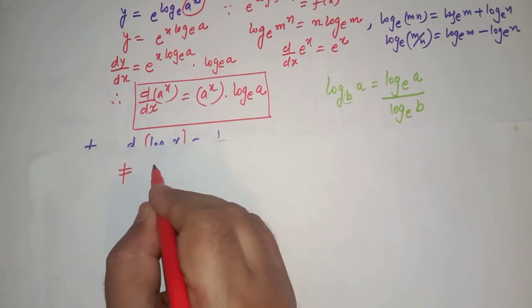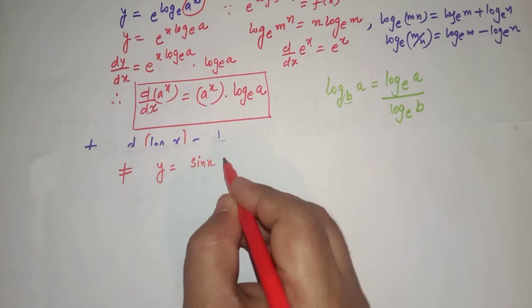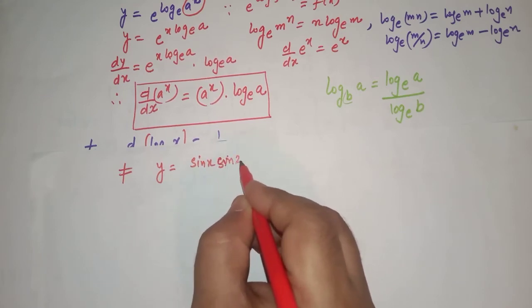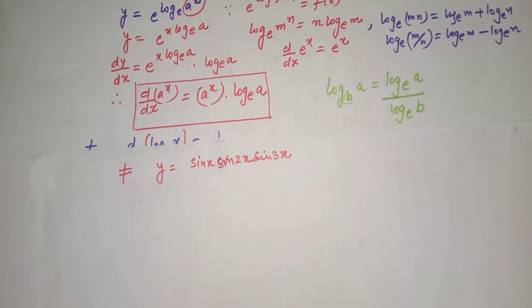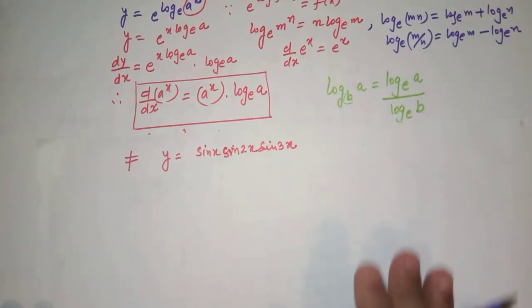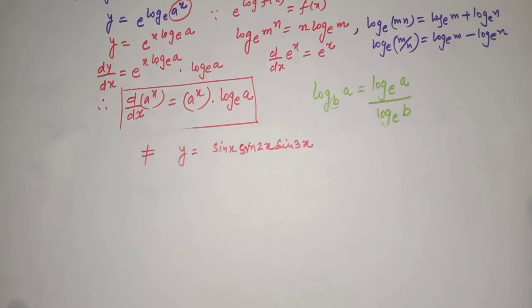Suppose we have a function y equal to sin x, sin 2x and sin 3x, that is, y equal to sin x times sin 2x times sin 3x. Clear? Now here we have a product of three functions. So we will make use of the log function, or the properties of logarithms.